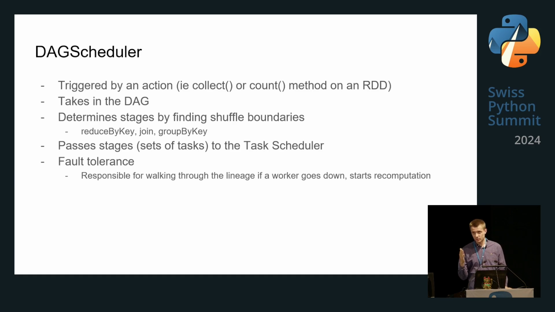It looks for shuffle boundaries, and basically tries to combine as many tasks together into one computation stage. It's also worth mentioning that the DAG scheduler is responsible for this recomputation strategy for fault tolerance.